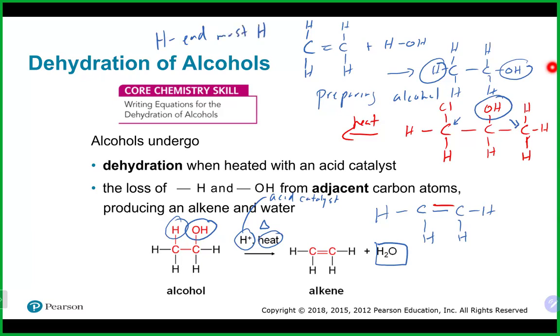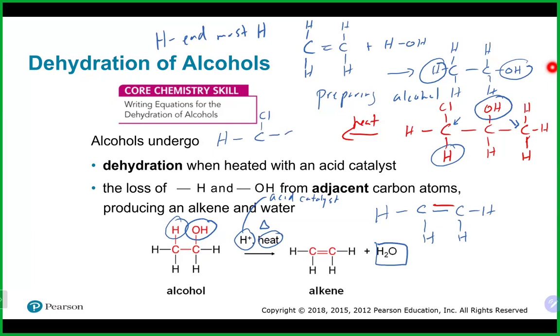So when there's a difference in the hydrogens on the adjacent carbons, the rule is the opposite. We actually take the hydrogen from the one with the least. So in this case, we would grab a hydrogen off of this carbon because it has the least number of hydrogens. And that means that if I were to draw this, it would look the same.